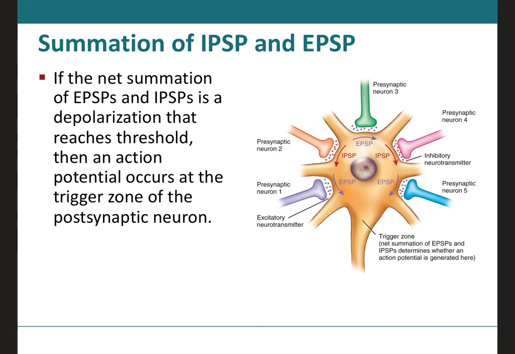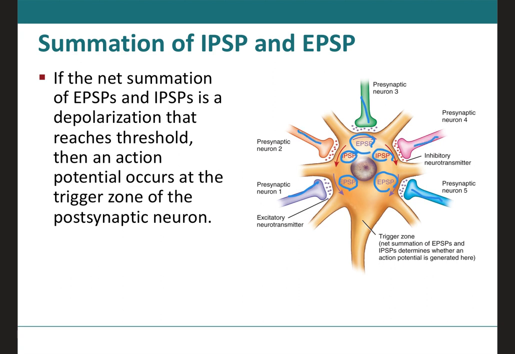So here we have what we call the summation, or adding up of all the inhibitory and excitatory responses. If you notice over here, we have more excitatory because we have 3 excitatory responses from these neurons that are coming here, and we have 2 inhibitory responses.